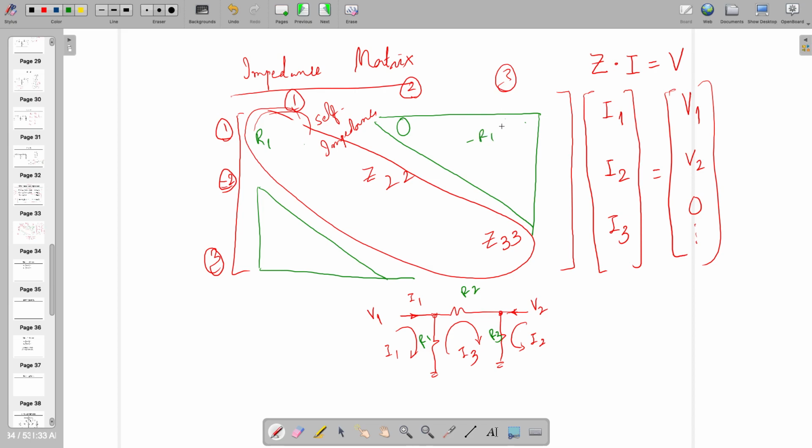Minus R1. So the third loop we are writing. In the third loop, how many components are there? Oh, sorry. We are writing only 1 and 2. By mistake, I was writing Z33. Yeah, correct. So similarly, you can fill the other entries and find this kind of matrix.